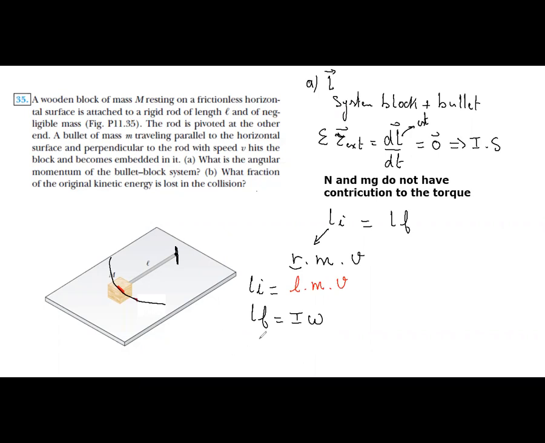Here I of the system equals I of the bullet plus I of the box, times omega. The system will start to move with a velocity v final.